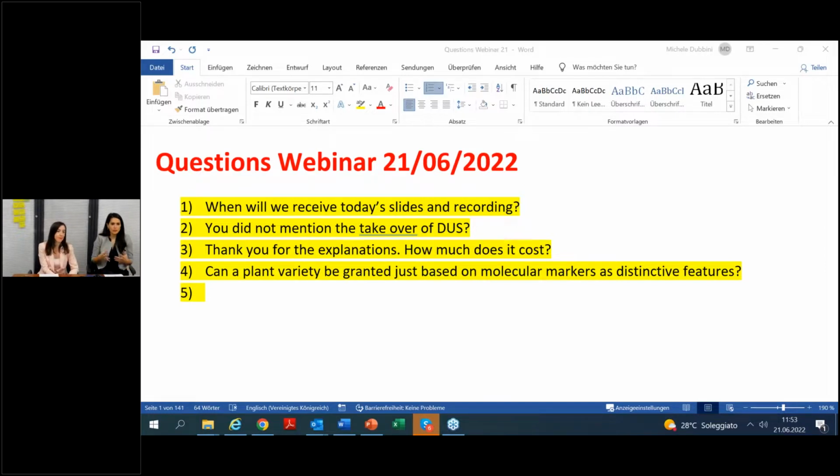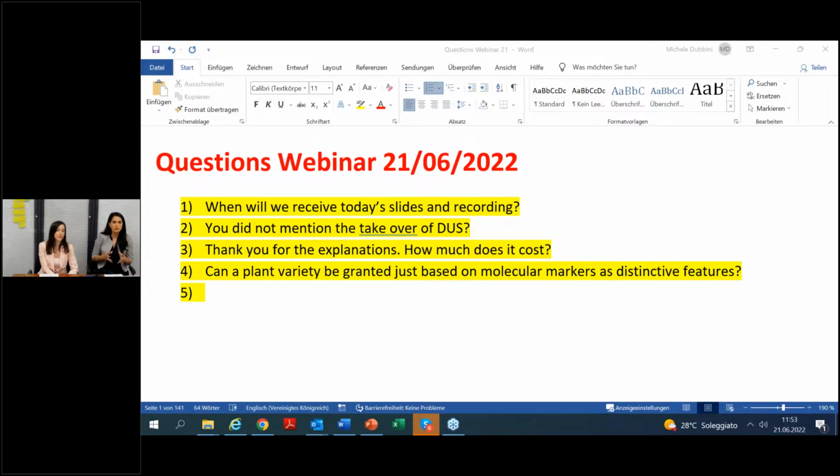It is true that, as Angela was saying, we are not able to base our decision on the results of molecular marker examination. However, these are a very important tool for us, and the CPVO considers them to be used in supporting activities. For instance, we are financing some projects that imply the use of markers in the selection of reference collections for some species, and this project, which is still ongoing, is already showing very interesting results.